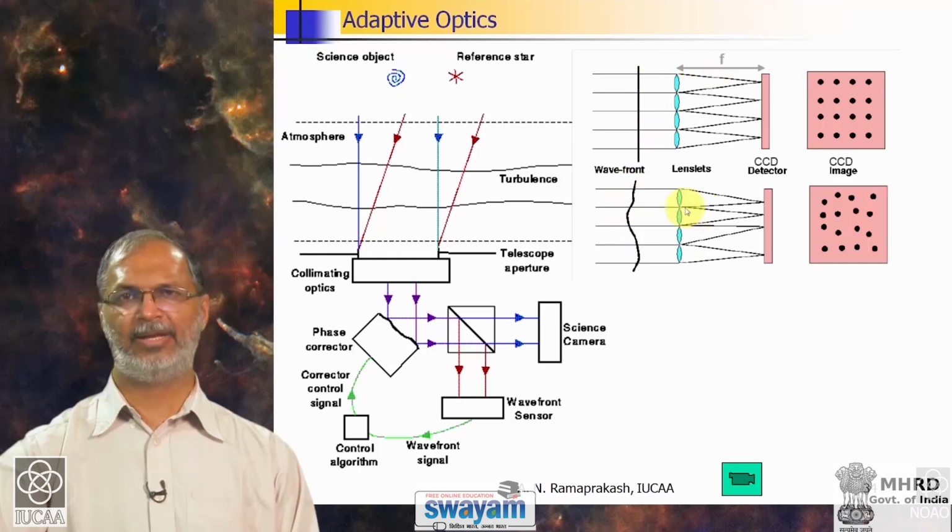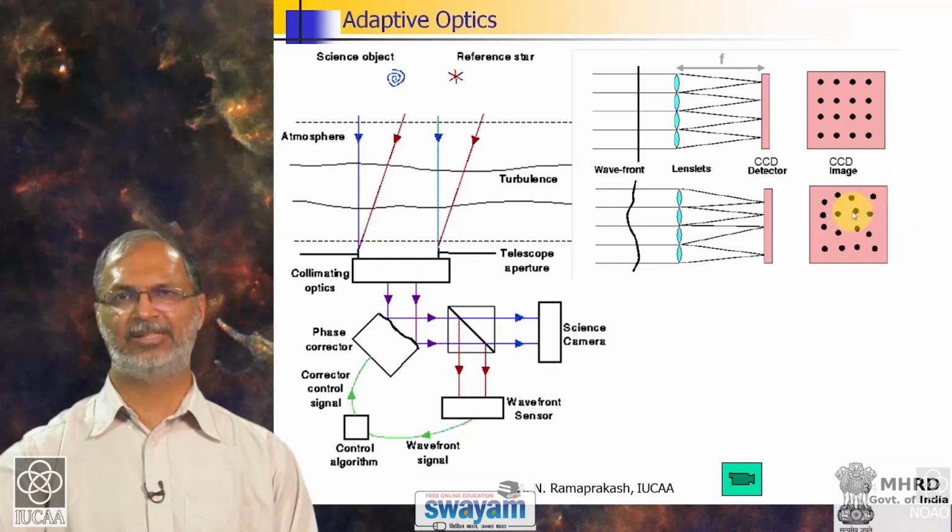So, at any part of the wavefront over an area corresponding to the lens size, you can measure the local slope, how much this is tilted with respect to a plane wavefront which is untilted, as that part falls on this lens, and that leads to a movement of this spot as formed on the image plane.